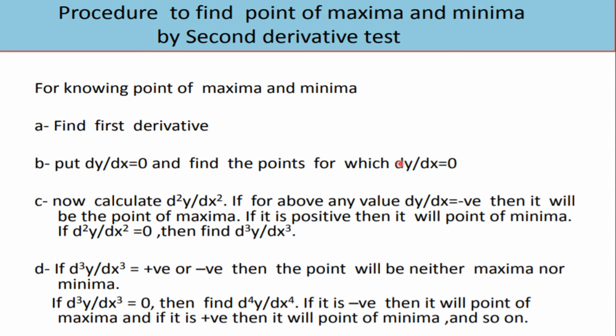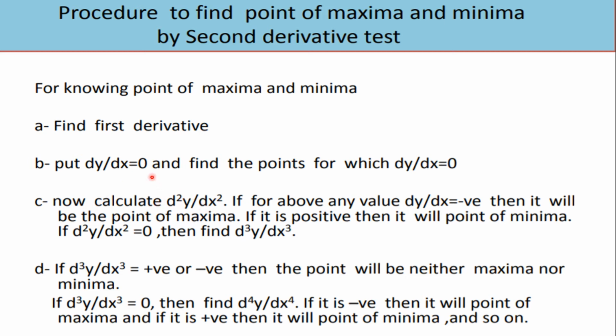In the previous exercise, we have discussed this point. If we solve the equation dy by dx equal to 0, we get some values for x. Those points are said to be critical points or stationary points or turning points. Now, calculate d square y by dx square.